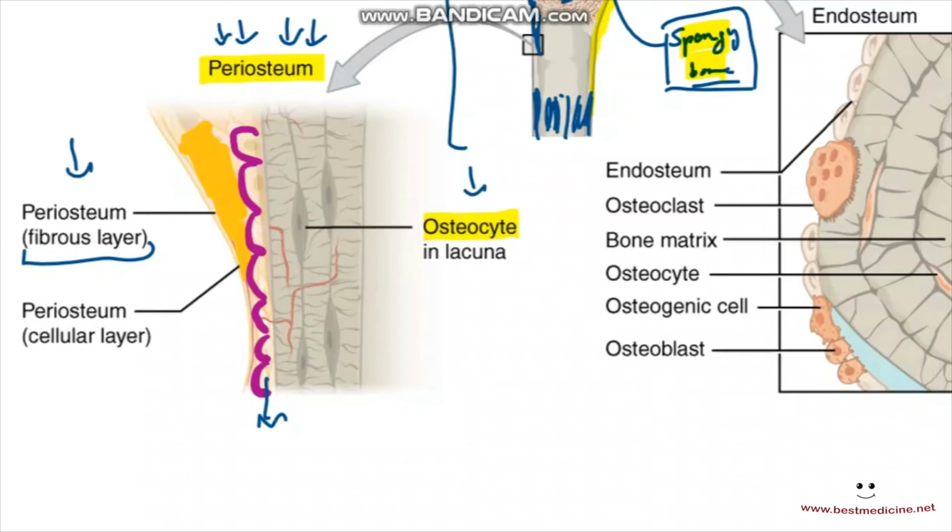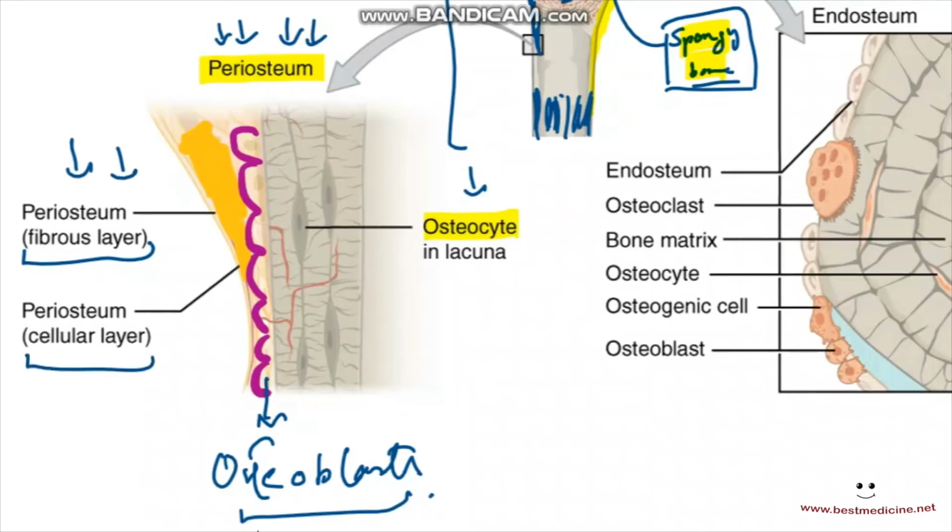So what do you think they would be called? Well, the progenitor cells for the chondrocytes were called chondroblasts. So what do you think the progenitor cells for the osteocyte should be called? Obviously osteoblasts, right? And these cells are called osteoblasts as well. Excellent. This osteoblast layer inside the periosteum, the cellular layer of the periosteum, is a cuboidal layer.